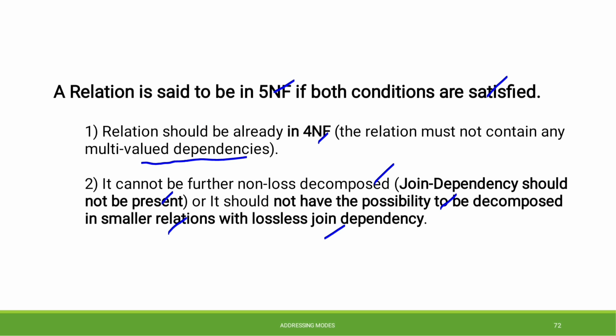Means the given relation, we must not be able to decompose it into multiple relations such that, if combined again, they produce the same original relation. That join dependency must not exist. So that is the 5NF statement.